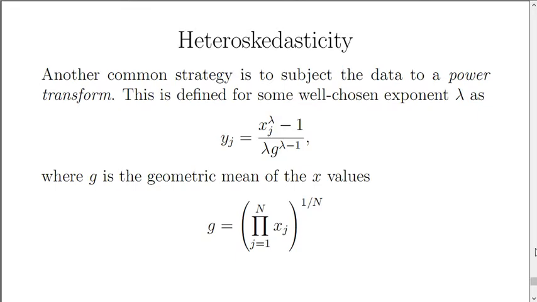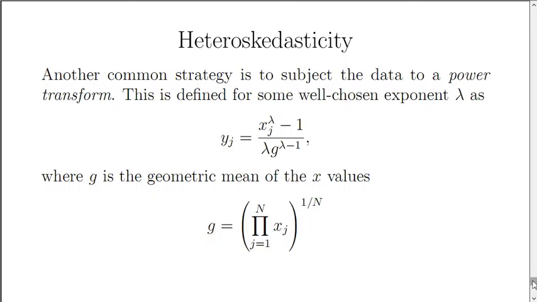What we essentially do is raise the data values to some power. Often we will then transform that for friendly reasons. For instance, a common way is to take the data, raise it to some well-chosen exponent lambda, subtract 1, and then divide by this quantity in the denominator, and the quantity g is the geometric mean of the x values.